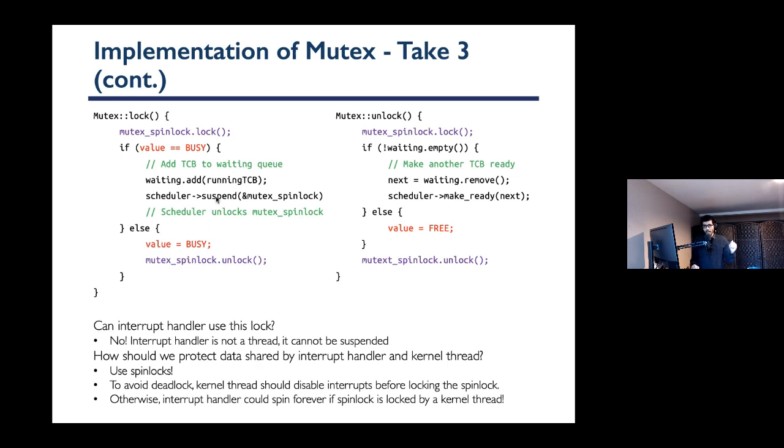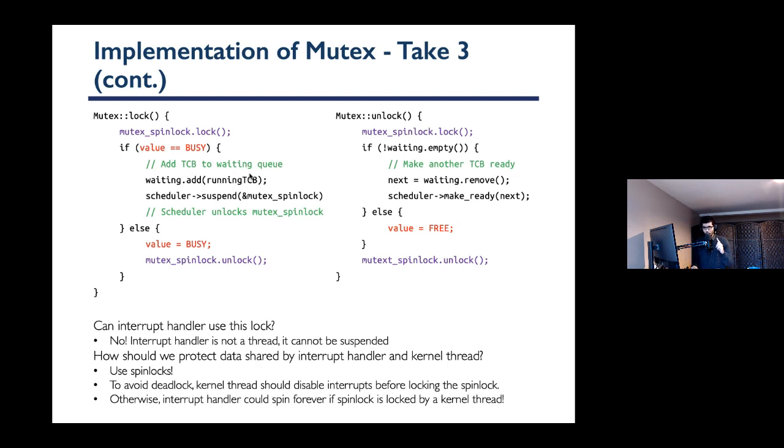Sorry, before you lock a spin lock, you have to disable interrupts so that no interrupt happens, so that you don't get into trouble. This is the gist of it: any spin lock that is going to be shared by a thread and the interrupt handler, anytime you want to lock that spin lock, before doing that, you have to disable interrupts.